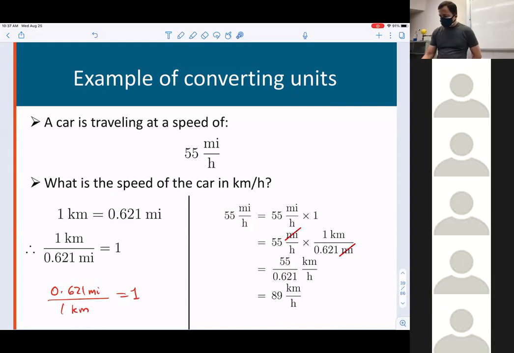So when I'm multiplying it by 1, I knew to take this way of writing 1 rather than this way of writing 1 because I wanted the miles to be in the denominator so that it can cancel this miles, and I wanted the kilometers to be in the numerator so that I can get to kilometers. So you usually have two options of writing the 1. You just look at the one that makes sense for you to get from one system of units to the other. Any questions on that?